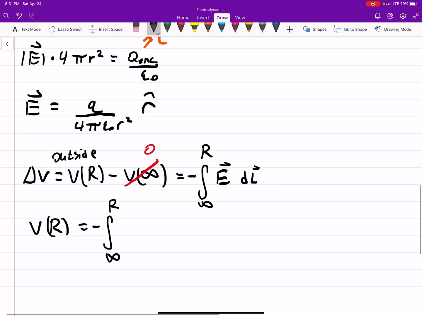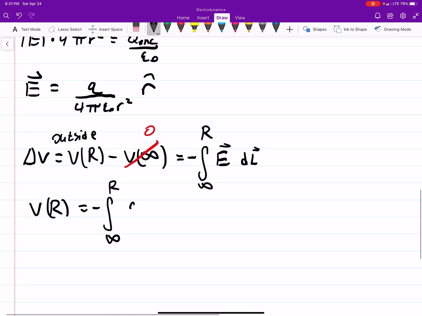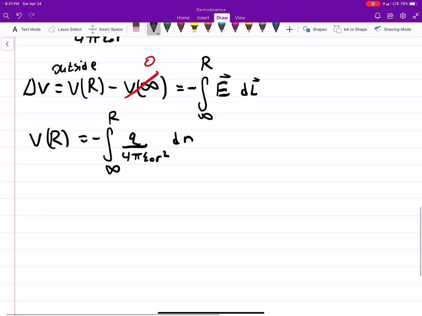So what is the E field outside? Q over 4 pi epsilon naught r squared dr. Okay. So the potential outside your sphere, well, we can factor out all these constants.